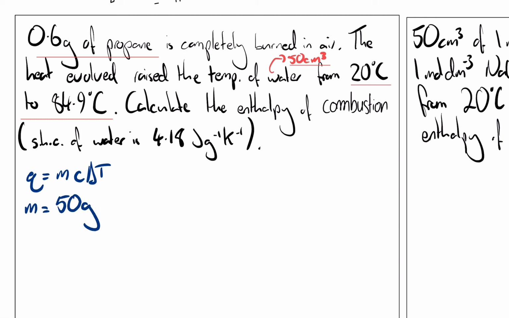C, we're told, is 4.18. And delta T, our change in temperature, is our 84.9 minus 20. That gets us to 64.9.